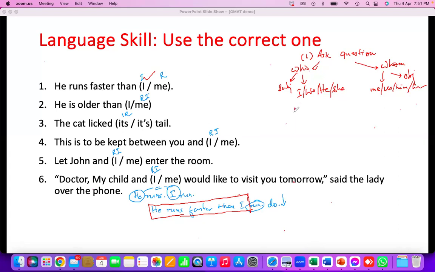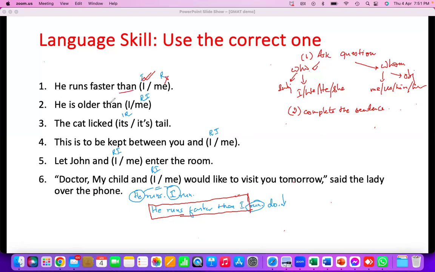Now, so this is the first trick. The second trick is complete the sentence. Complete the sentence. So coming to this one, he runs faster than I is correct and me is incorrect. Now, these two sentences are based on the same syntax.